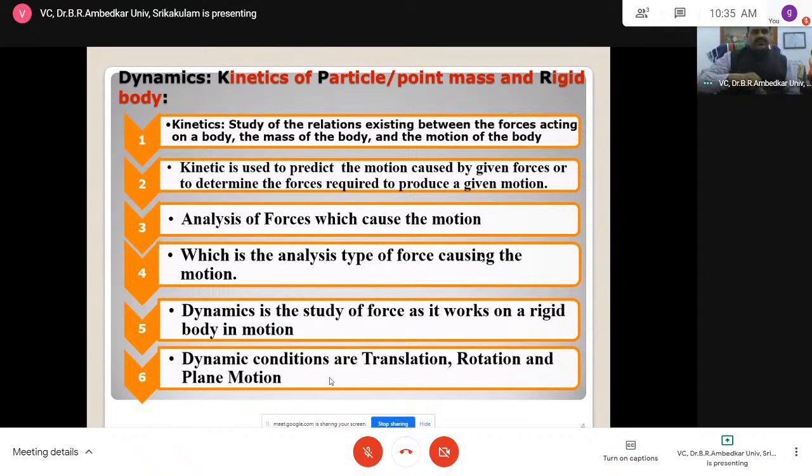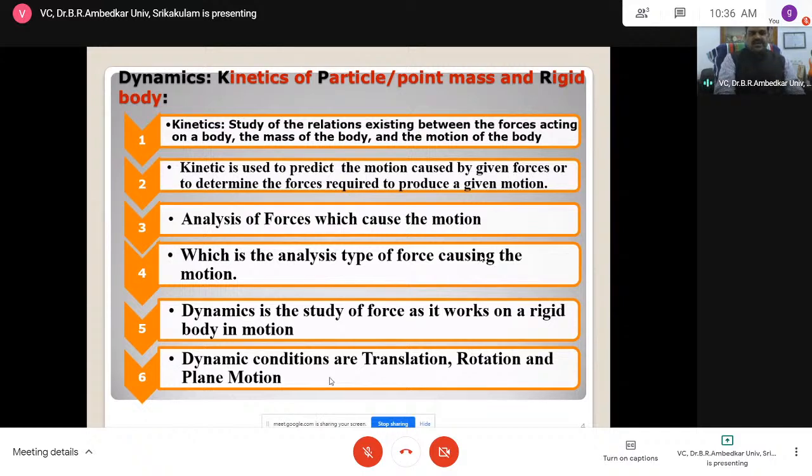In kinetics, we study the relations existing between the forces acting on a body, the mass of a body, and the motion of the body. It is used to predict motion which is caused by given forces, or to determine the force required to produce a given motion, vice versa.